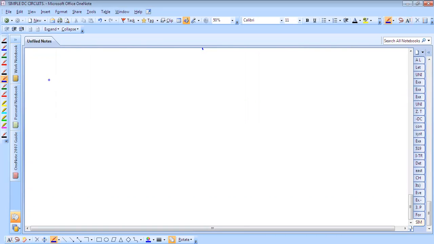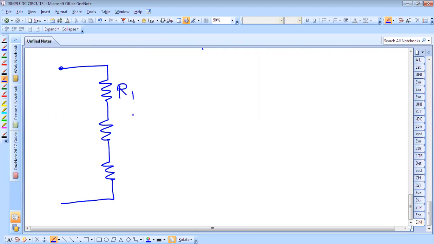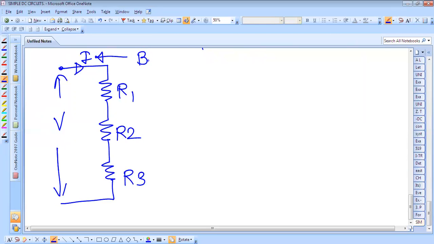Now let us consider one circuit having the resistors R1, R2 and R3. The voltage applied across this is V. Now this is a branch, and the current flowing through this is called the circuit current.